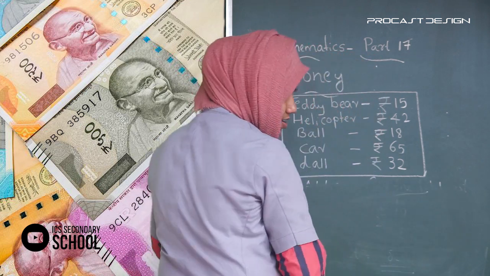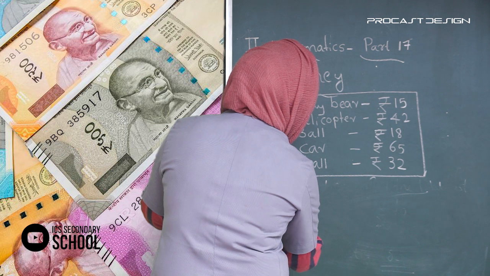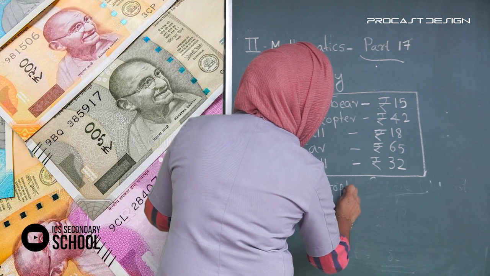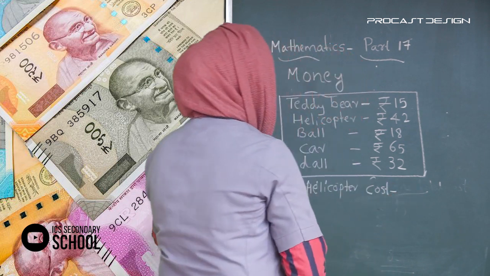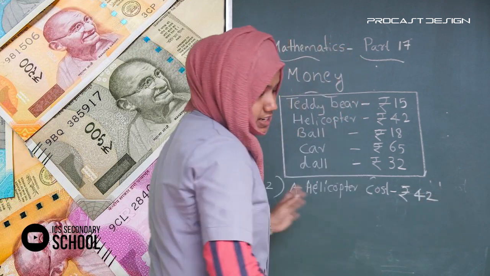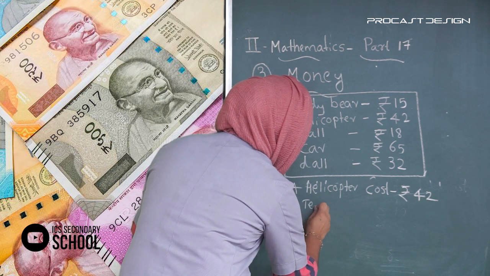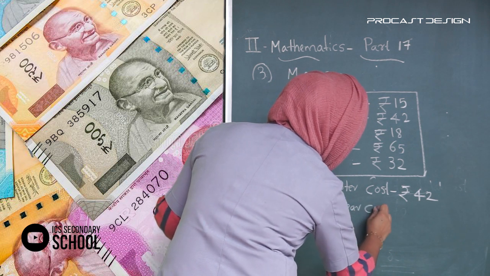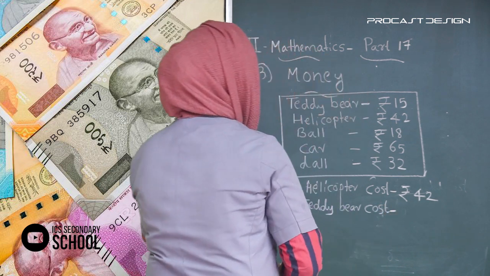Next one is a helicopter cost. How many rupees is the helicopter? Yes, it is 42. Next is teddy bear cost. How many rupees?